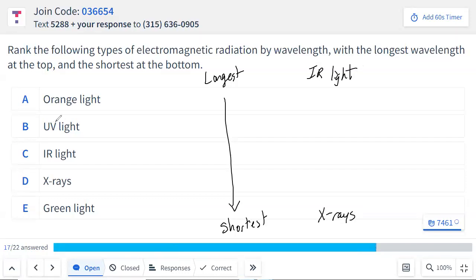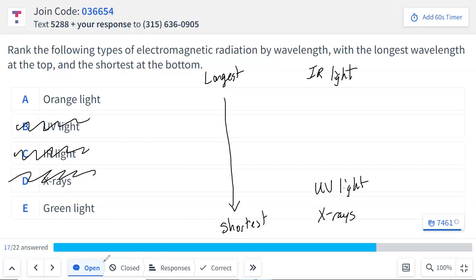From there, we need to move into the visible part of the spectrum. So we've done this one and we've done this one. We can make a similar kind of argument for UV light. UV light is just on the other side of the visible spectrum. So since green light and orange light are both in the visible, UV light would be just slightly shorter than those.